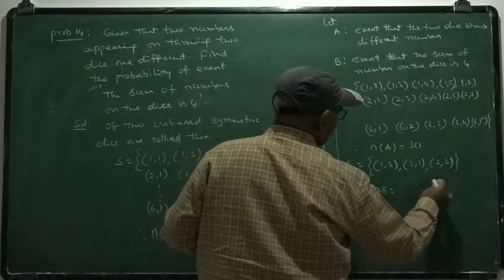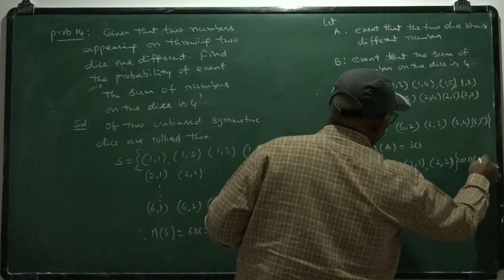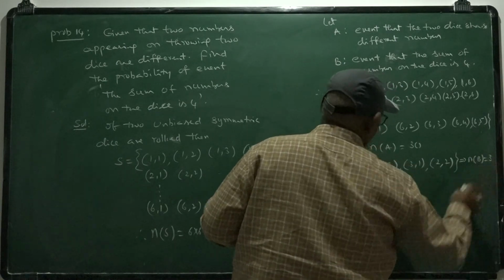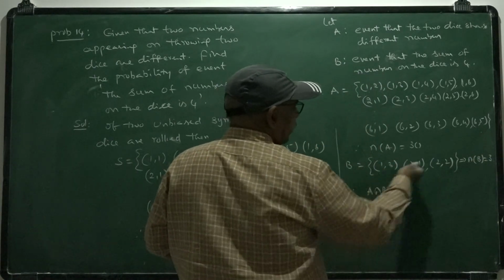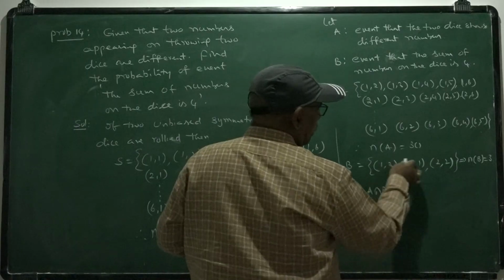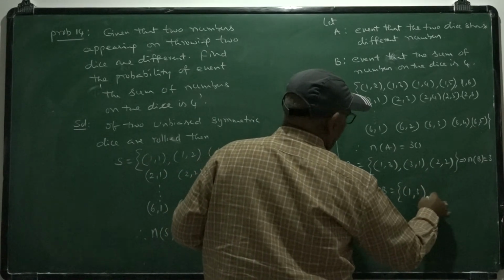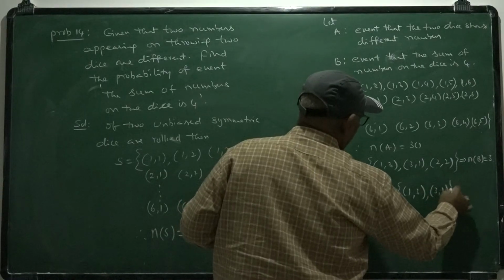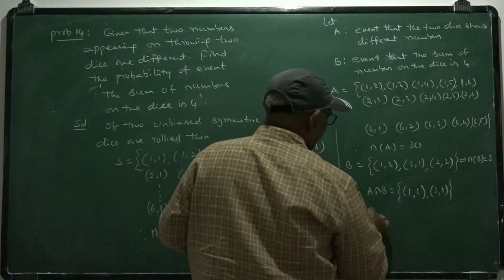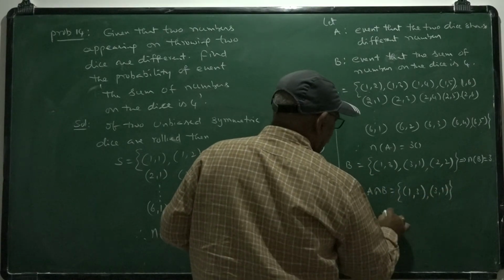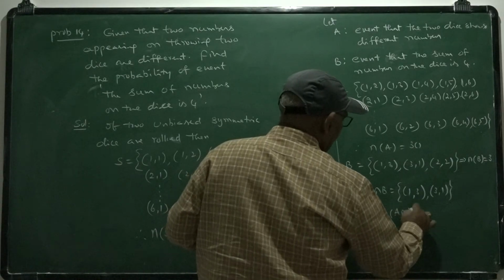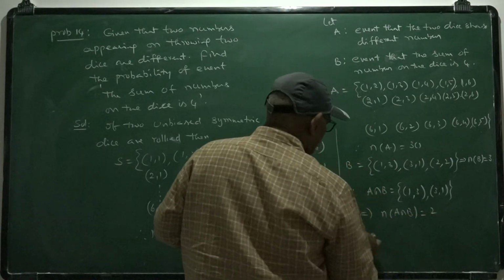So n of B is 3. A intersection B is the common values of these two only. 1 3 and 3 1: the numbers are different and the sum is 4. That is possible in this case only. So n of A intersection B is 2.